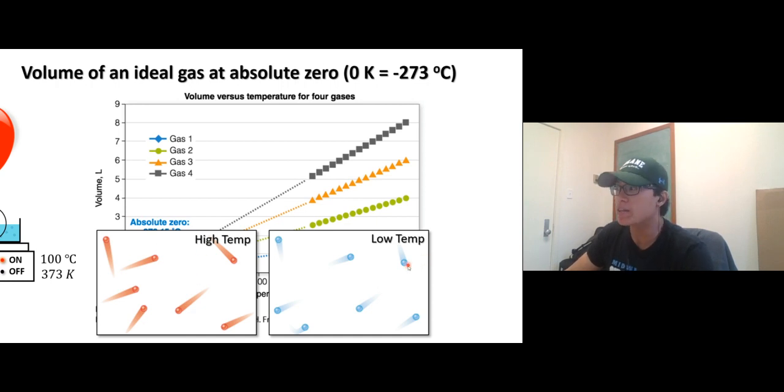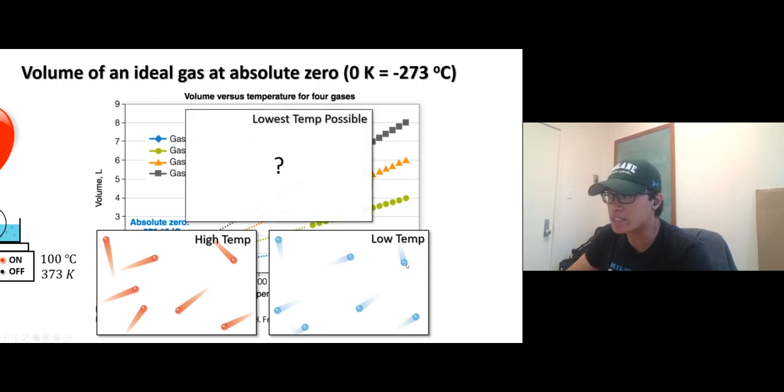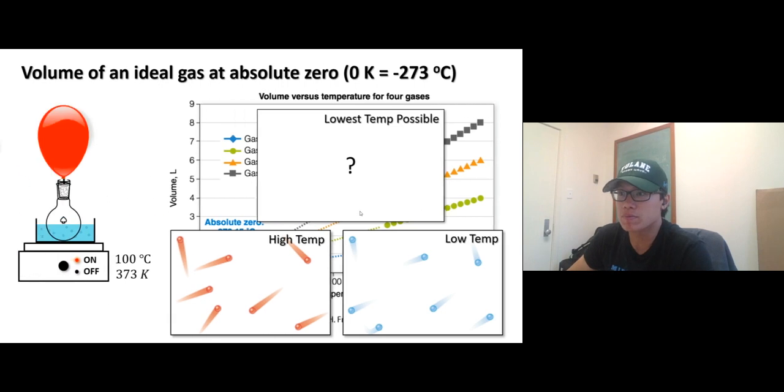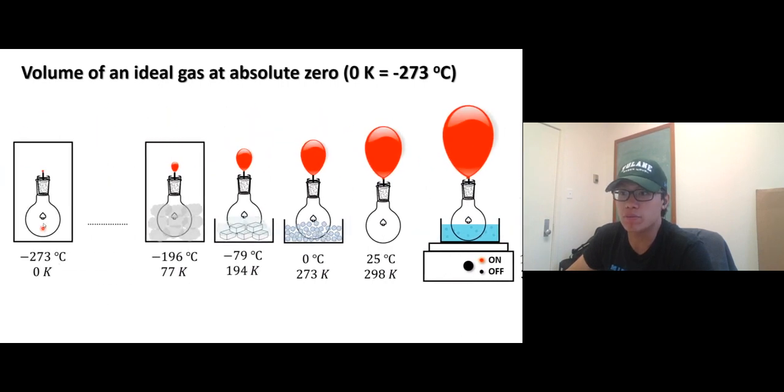At low temperature, the gas molecules move more slowly. At the lowest temperature possible, what happens to the speed of the gas molecules? We expect the gas molecules will have no speed at all, no kinetic energy. If the gas molecules have no speed, which means they don't move, what happens to the volume? It goes to 0 volume. There's no volume. But that's in theory.